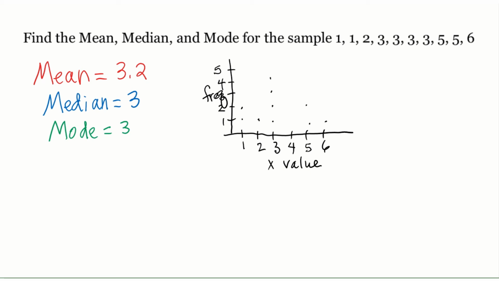And then we can see on this our mean is going to be about right here on my graph. The median is going to be right here on the 3, and the mode is also going to be occupying this position on the 3. So you can see these values are all pretty close. They're all centering closely around 3. When you have a relatively uniform distribution, those numbers are all going to be pretty similar.